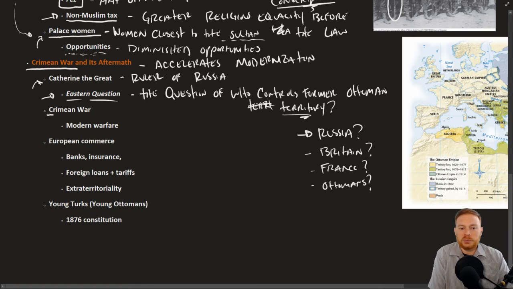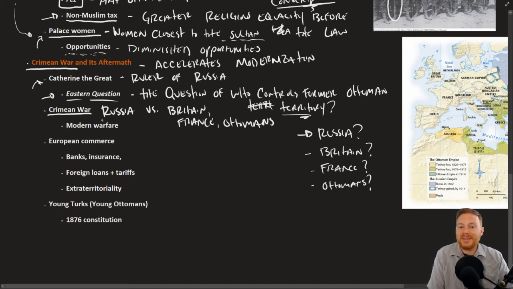And that was ultimately what led to the Crimean War, which was a conflict between Russia versus Britain, France, and the Ottomans. Those are the two sides that are fighting. Of course, the British and the French believe that the Russians are the biggest threat.